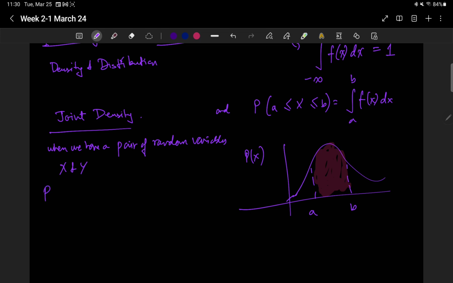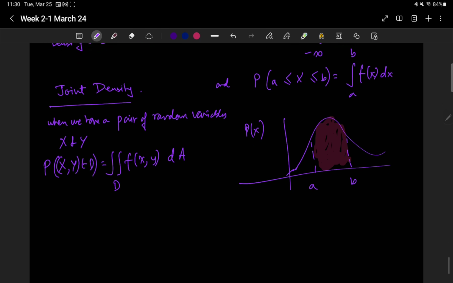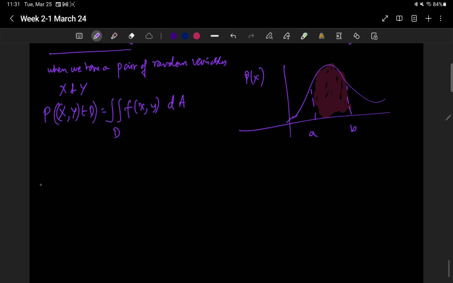In this case, the probability is given by the double integral over the region D of the joint density f of x, y, where x comma y belongs to some region D. Basically, if your region is a rectangle, then it's just similar to finding double integrals over a rectangular region. Let's look at an example.